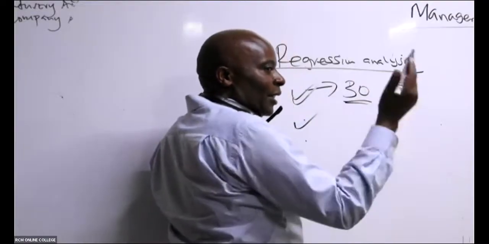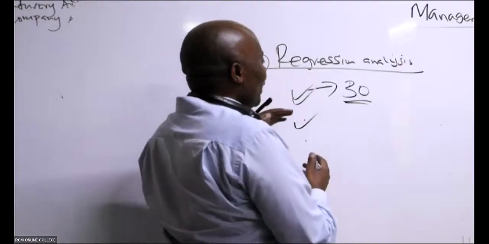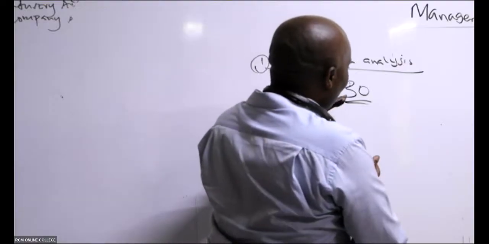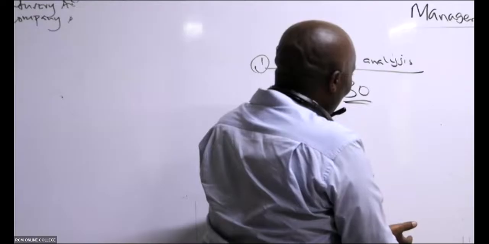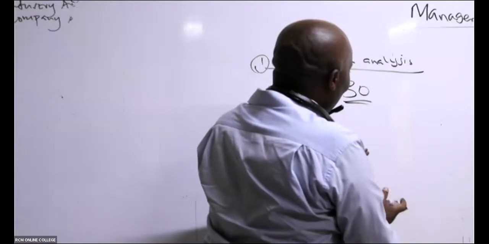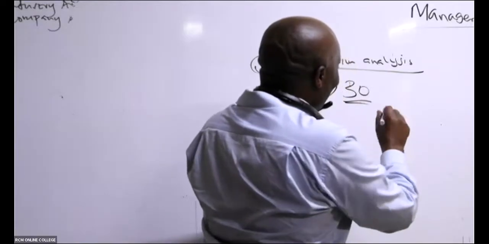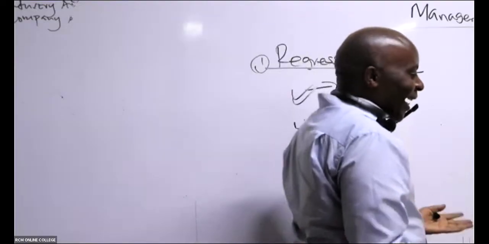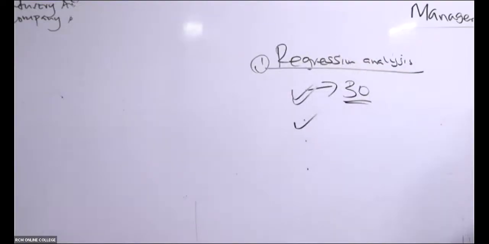Others leave everything blank, page number 1, blank, all of them. And at the end of the paper, you'll get them writing, God bless the work of my hand. Which hands? You wrote nothing. We shall overcome.